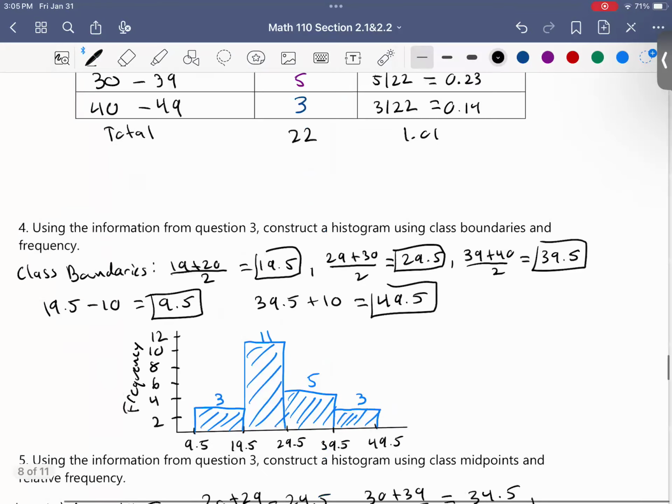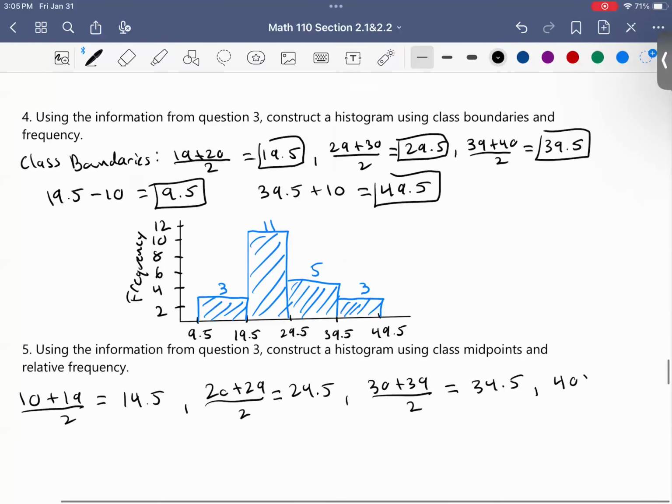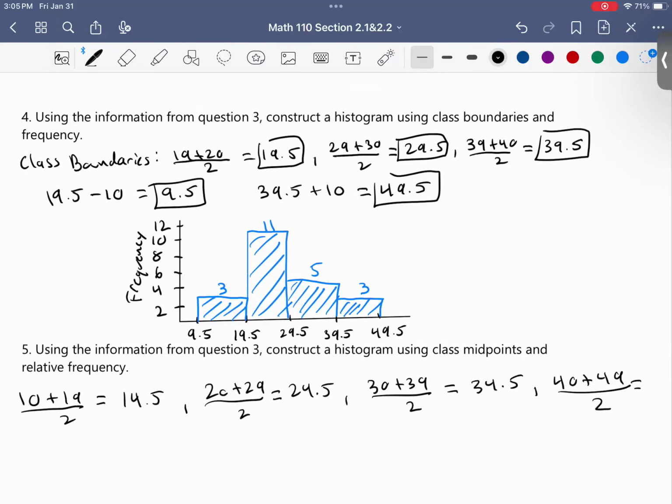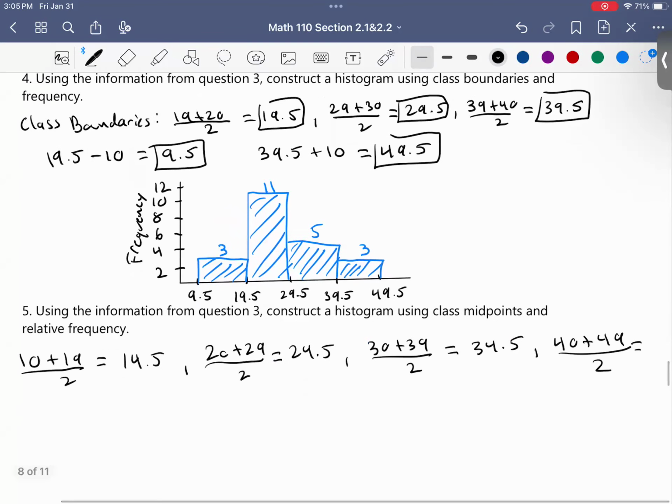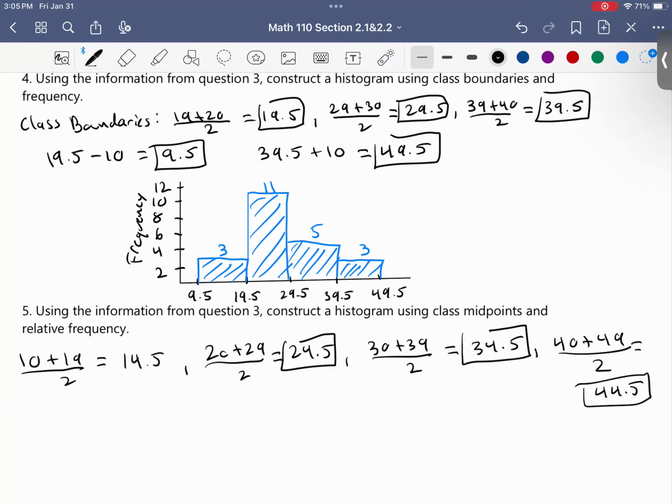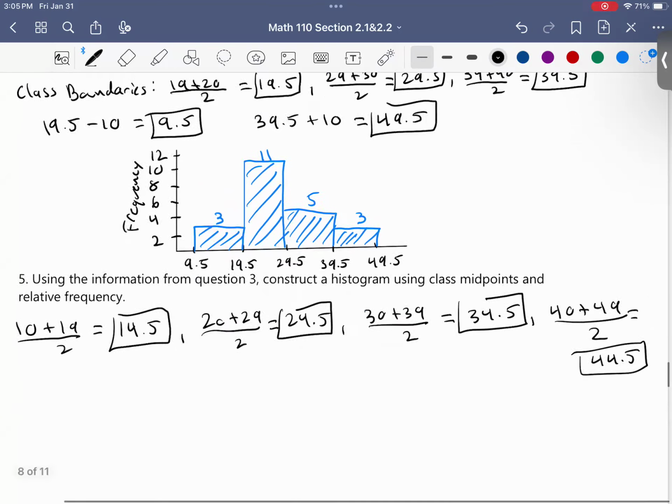And lastly is 40 plus 49 divided by 2, which is 44.5. Okay, so these are our class midpoints. You see that they are less than class boundaries.